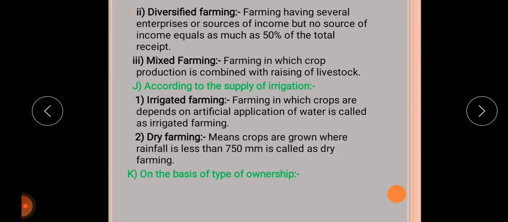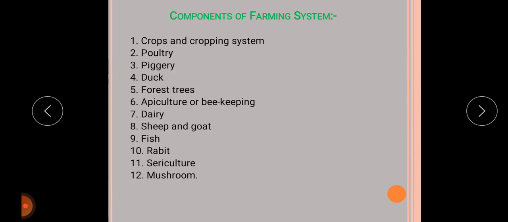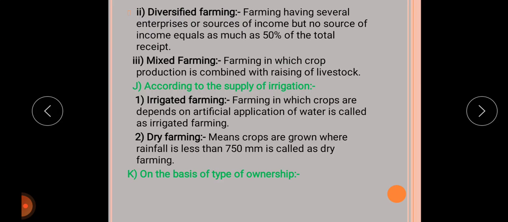Then on the basis of type of ownership, there is family farming, then the cooperative farming system. In cooperative farming, there are a number of subtypes, such as collective farming and cooperative farming.